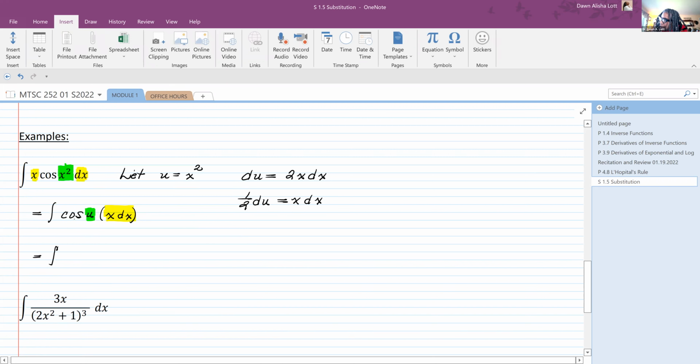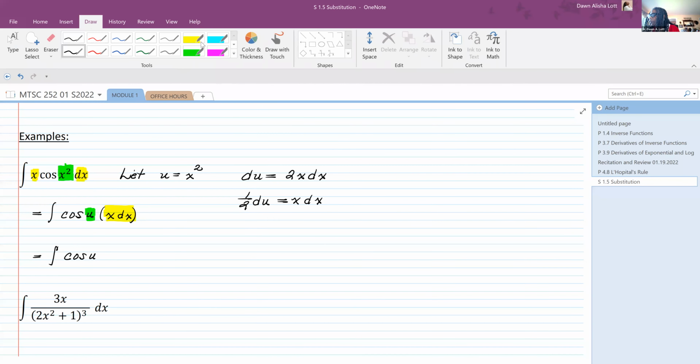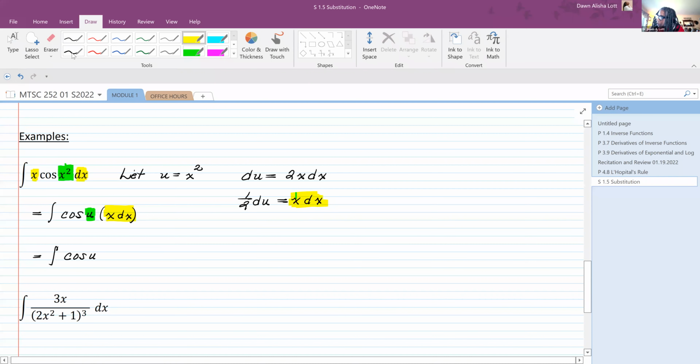So this becomes the integral of the cosine of u, and x dx becomes 1/2 du. So this becomes times 1/2 du. Now I can move the 1/2 out and get the integral of just the cosine of u du.